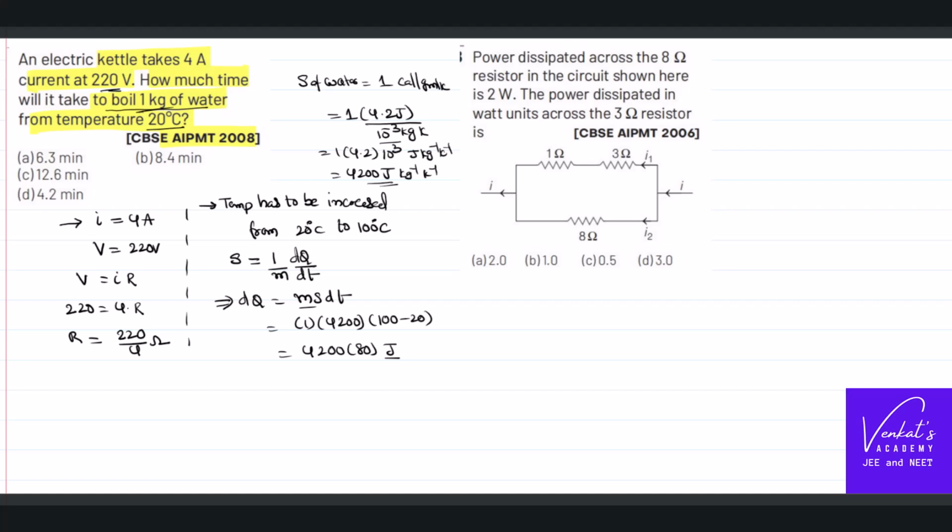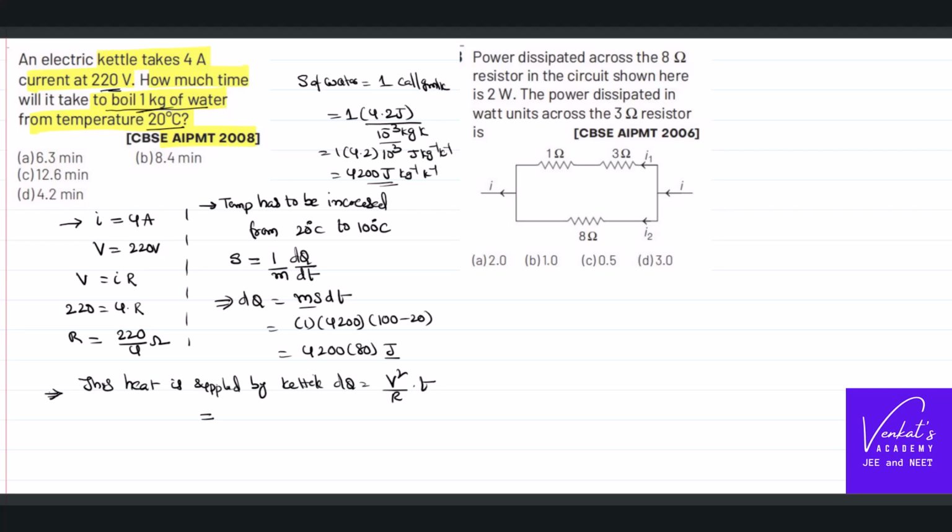So what we can say further? That implies this heat is supplied by kettle. How much is that dq? We know V square by R into T, that is, V square by R dt.